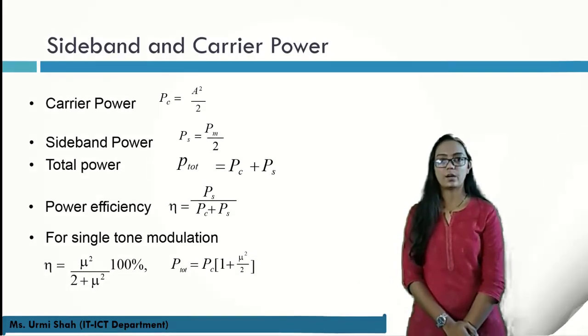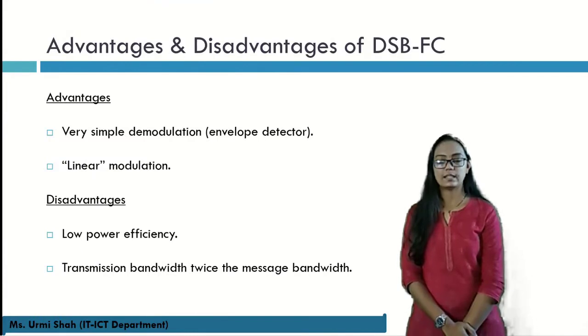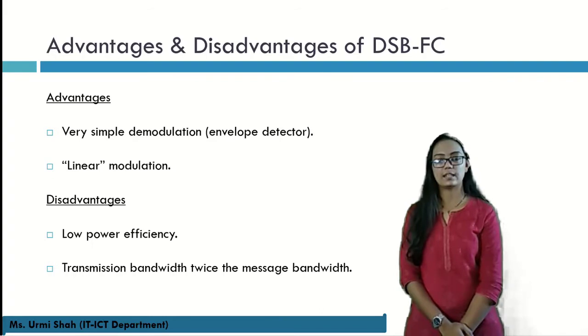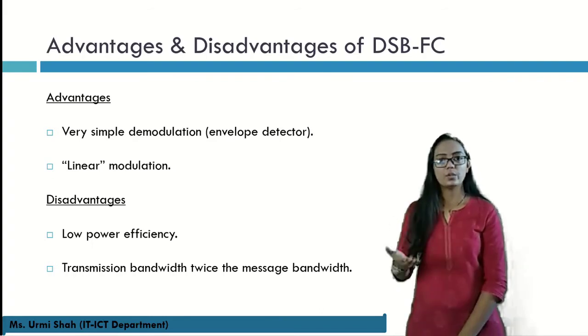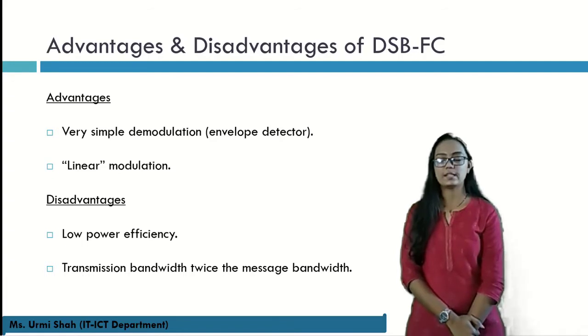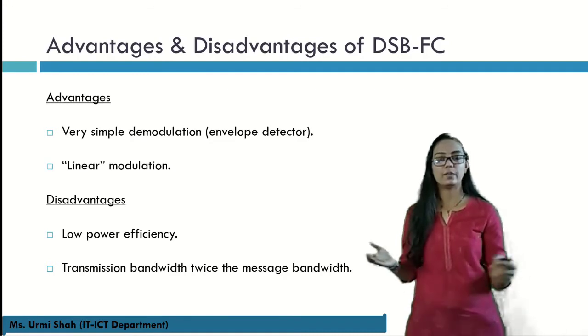So this is all about DSB-FC signal. The advantages of DSB-FC signal are: it is very simple to demodulate, as you can demodulate the DSB-FC signal using an envelope detector circuit, which we will be seeing in the upcoming session. Plus this is a linear modulation technique which is applied easily anywhere.